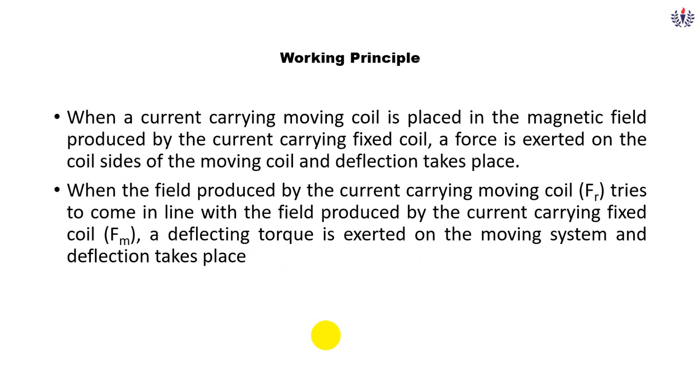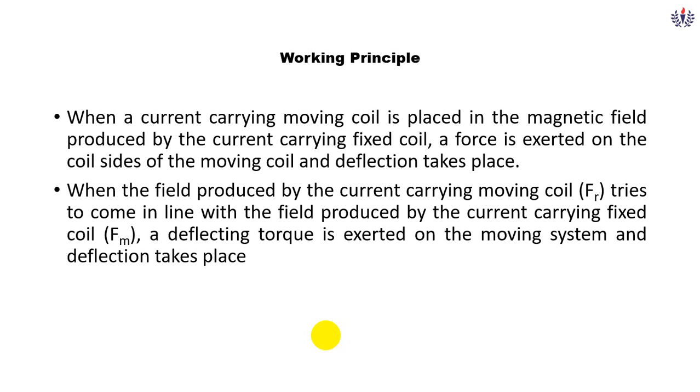Whenever a current carrying conductor is placed in a magnetic field, the conductor tends to experience a force. Similarly, whenever a current carrying coil is placed in a magnetic field, it produces a force, which in other terms can be called a deflection.